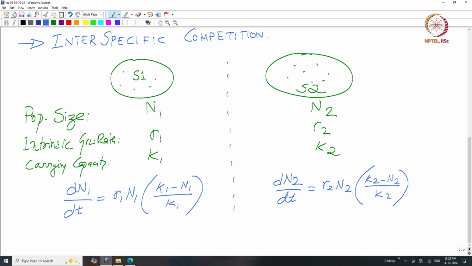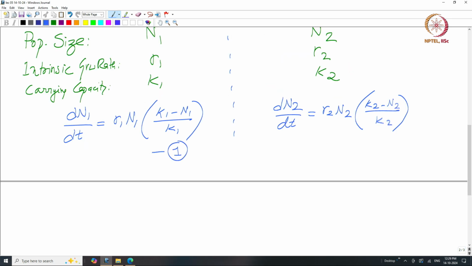I am just setting the stage for the two, and now we can ask, how does competition influence and change these equations? Okay. So, let us call this equation 1, and let us call this equation 2.